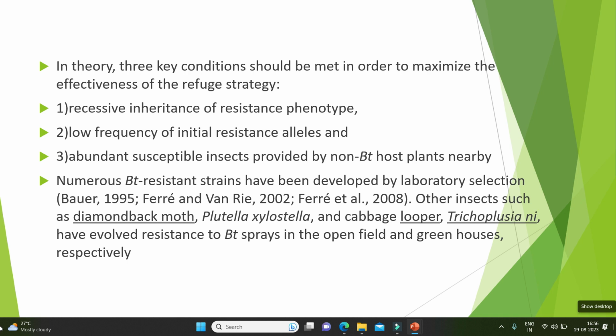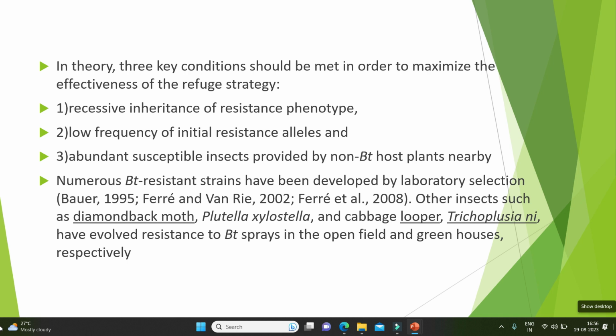These are the main two crops where BT has been used the most. Three main conditions maximize the effectiveness of the refuge strategy: recessive inheritance of the resistance phenotype, low frequency of initial resistance alleles, and abundant susceptible insects provided by non-BT host plants nearby.